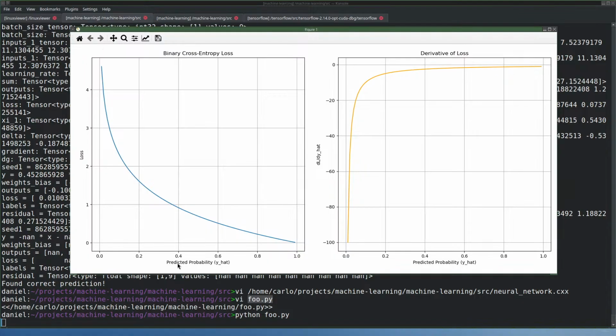And then the derivative is minus 1 over y hat. So very steep here, but negative slope. And then almost, but not quite horizontal here.